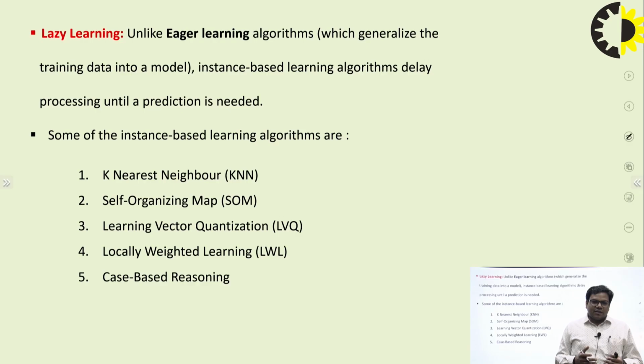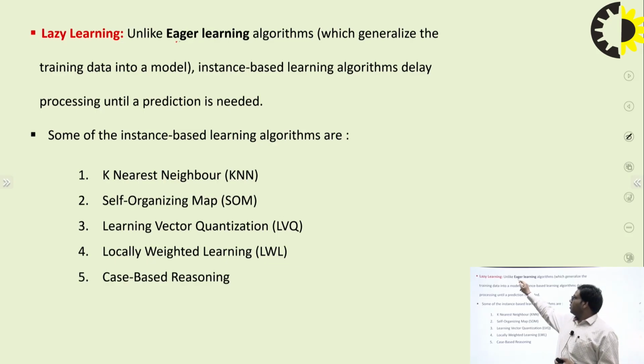So if there are 10 lakh instances stored, it will have to do the distance calculation 10 lakh times. So it is going to take a good amount of time. In the case of a huge data set, lazy learning could be slower comparatively to eager learning.